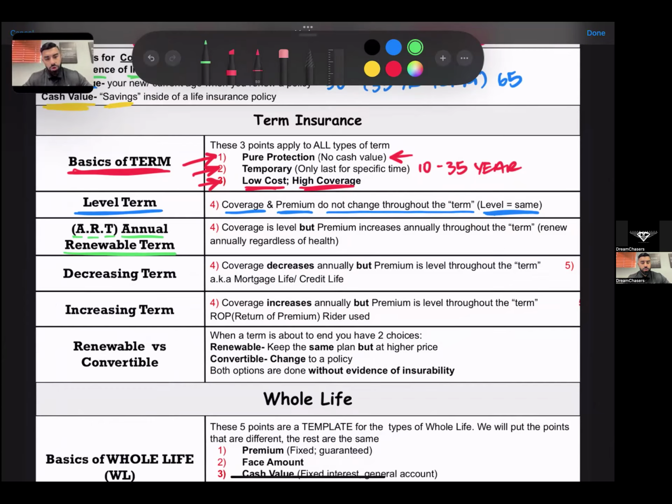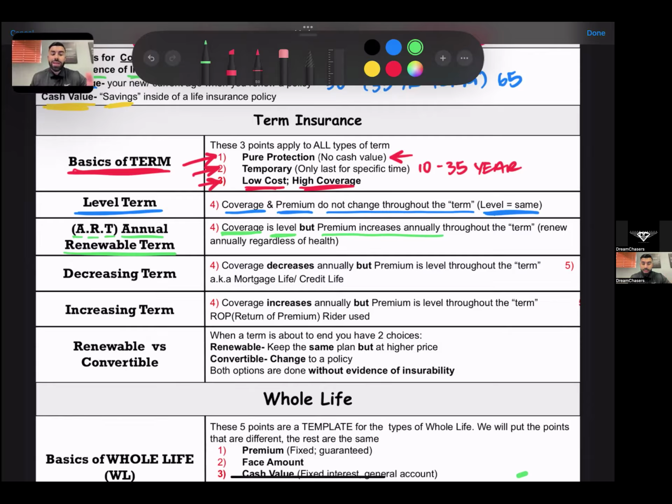Okay, so the term is going to renew annually. So this technically is just a 1 year term because that 1 year term comes to an end, then it renews. Okay, so it says coverage is level. So the coverage is going to stay the same, but the premium increases annually throughout the term.